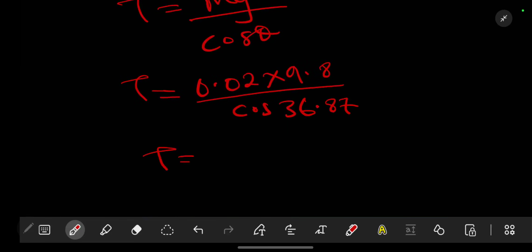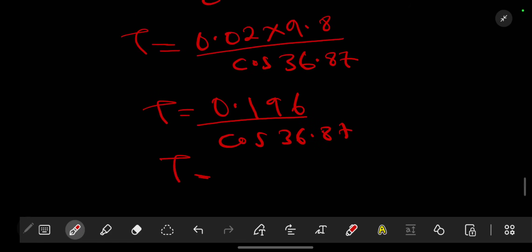So T should be equal to 0.02 times 9.8, which gives us a value of 0.196, over the cosine of 36.87.